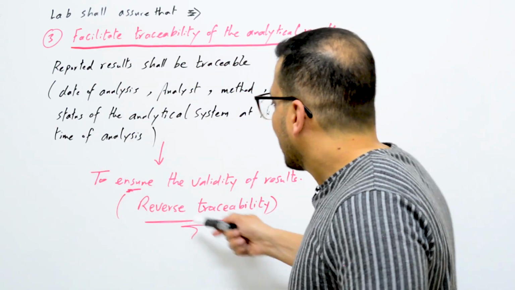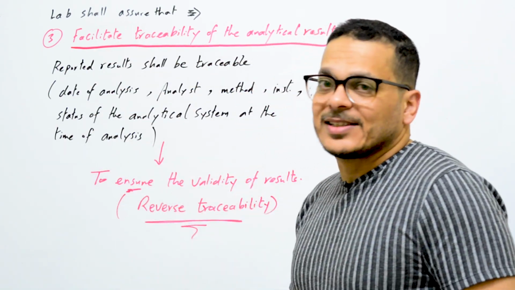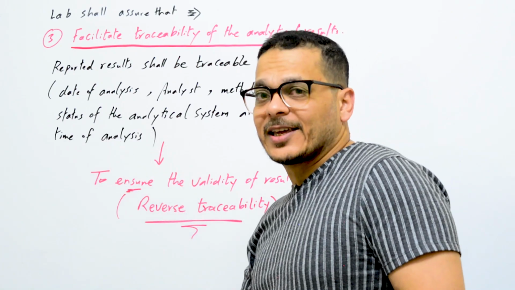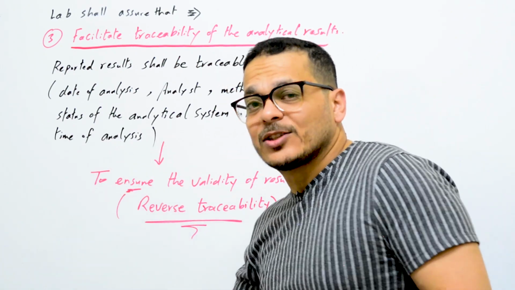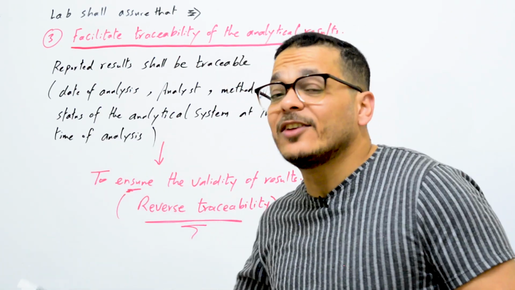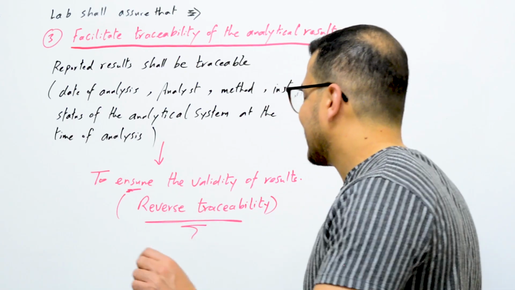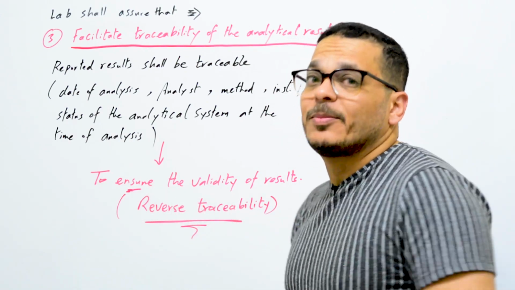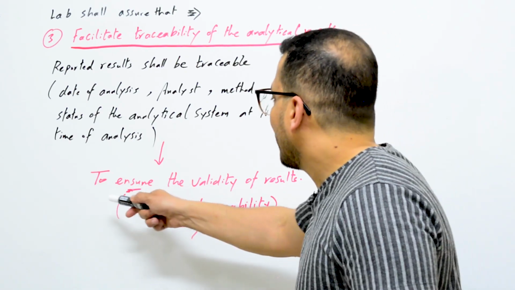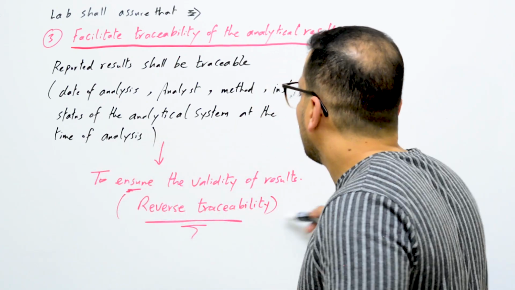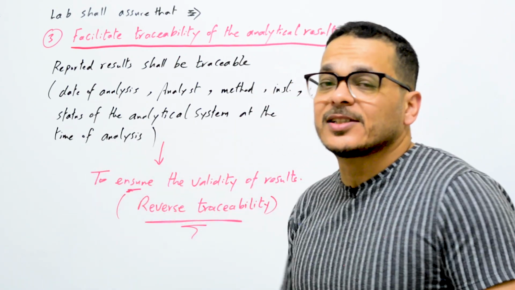That is called reverse traceability, because you go back from the date of analysis to know all information about this sample to explain to the customer. So at the end, you need to ensure the validity of results for the customer.